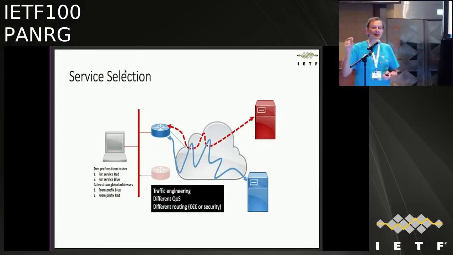Now, by selecting the right source address, the network itself can route the packets through traffic engineering, SRv6, normal RSVP-TE or whatever, or selecting basically LTE or satellite or whatever link. So we need to make the application aware of the existence of multiple paths, basically traffic engineering, quality of service.